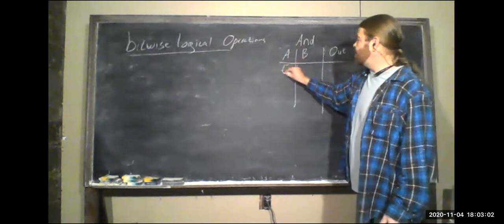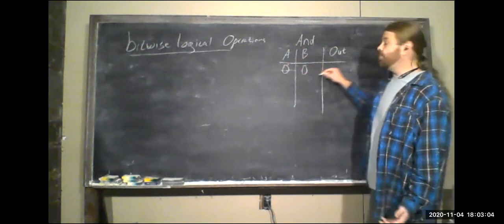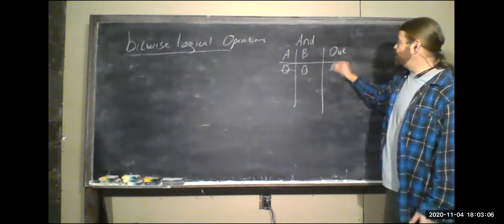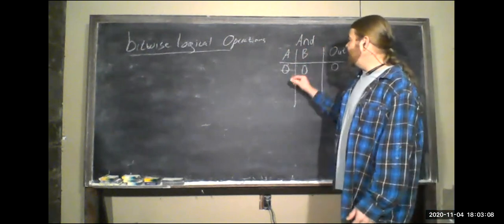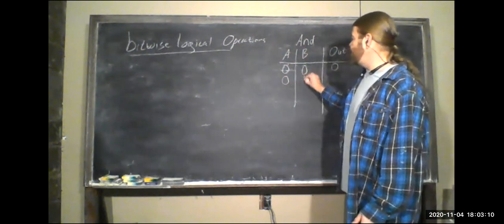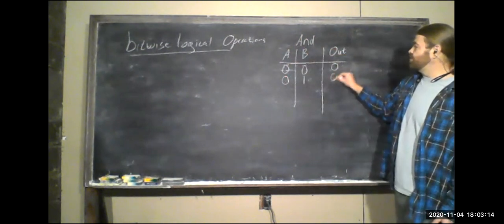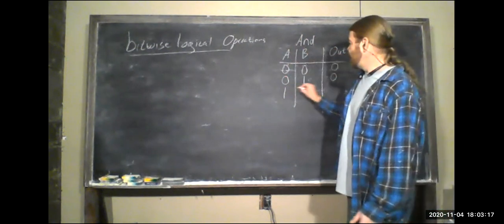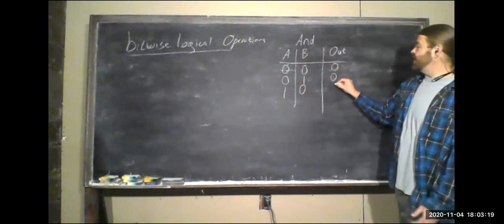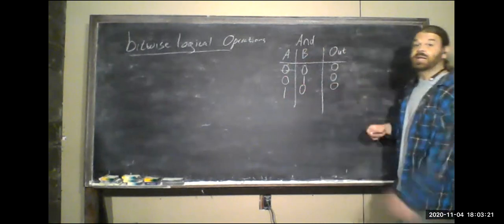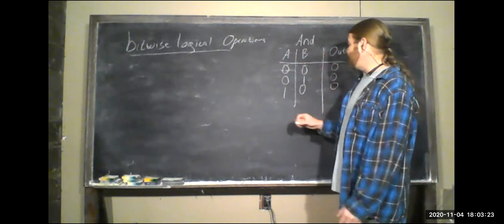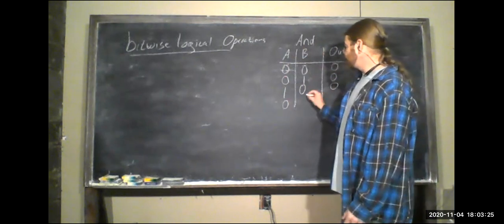So if A is off and B is also off, put those together, we get it off. And is inclusive, so if A is off and B is on, well, they're not both on, so the result would be off. And vice versa, if A is on and B is off, the result of combining them with an inclusive AND operation would be off.